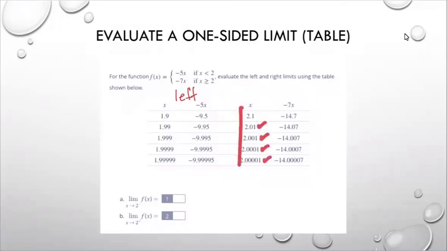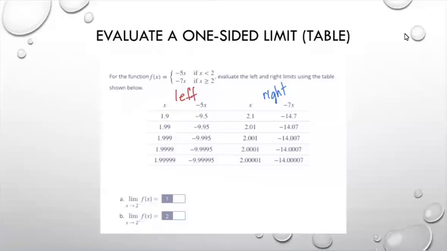But at the end, they are approaching 2 from the other side, from the right. So again, this in here is approaching 2 from the right. In terms of notation, this in here is approaching 2 from the left, this in here is approaching 2 from the right, and that's how we use the plus and the minus.